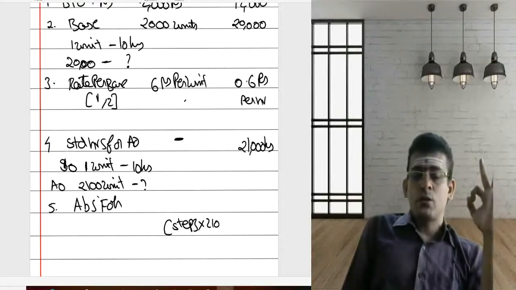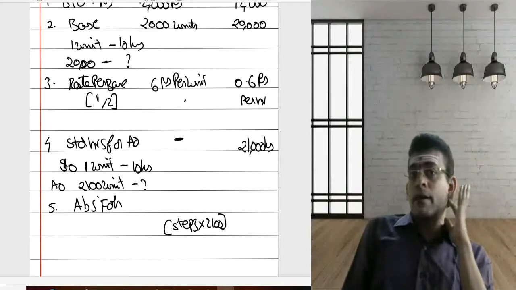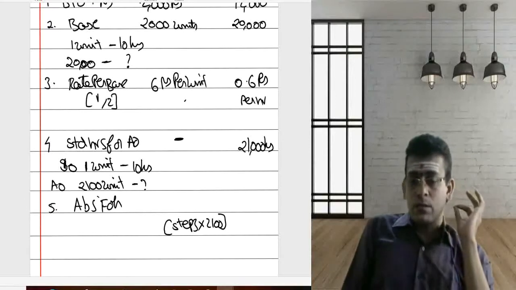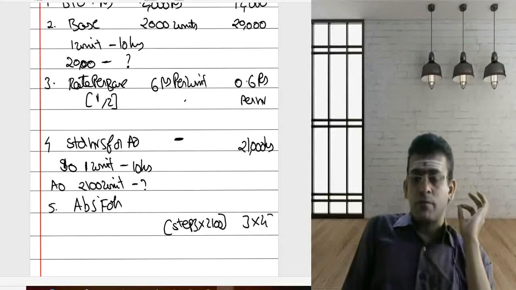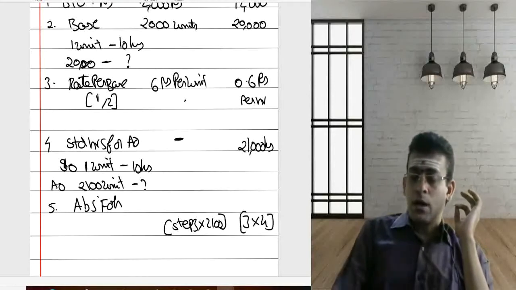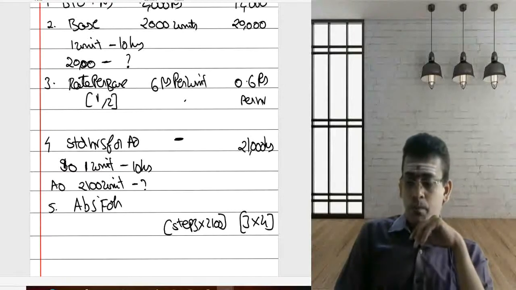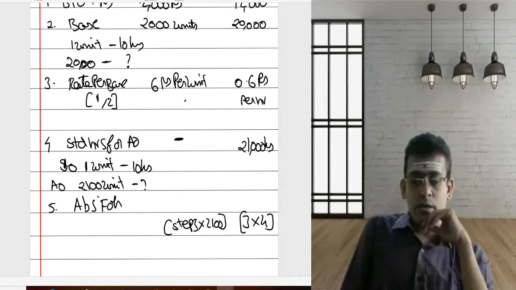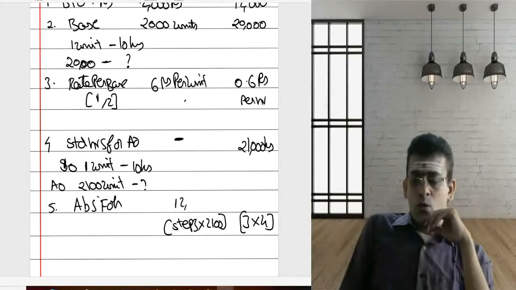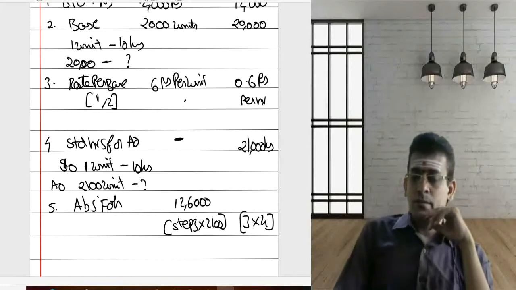So step 3 into 2100. Whereas if I do based upon hours, step 3 into step 4. Now here observed fixed overhead will be 2100 into 6. You are getting 12,600.